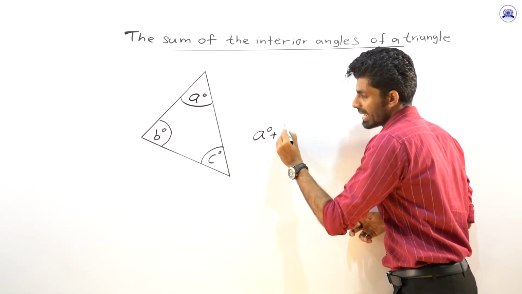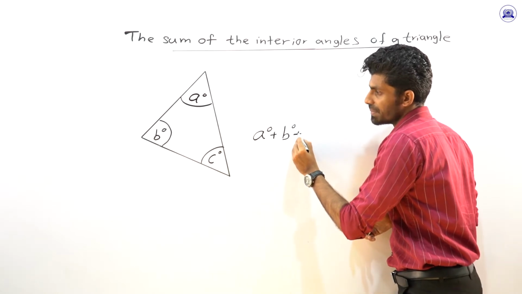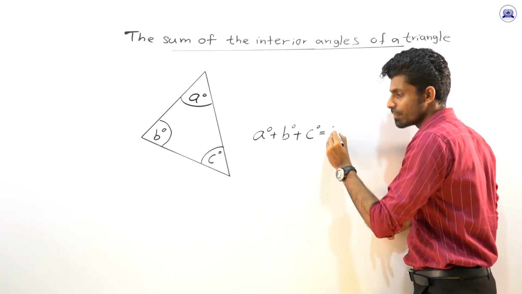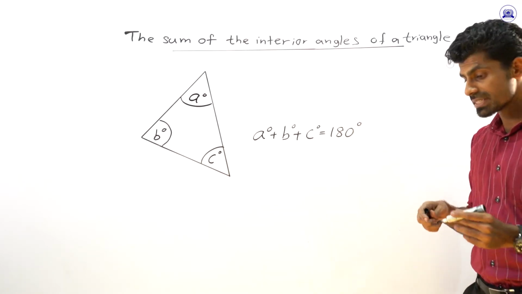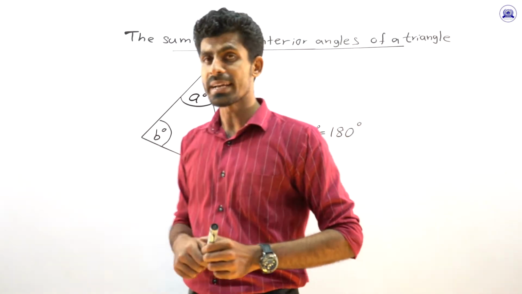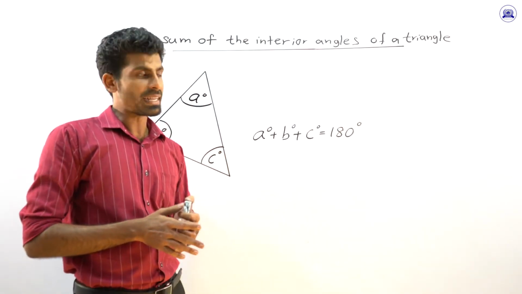So that means A plus B plus C equals 180.